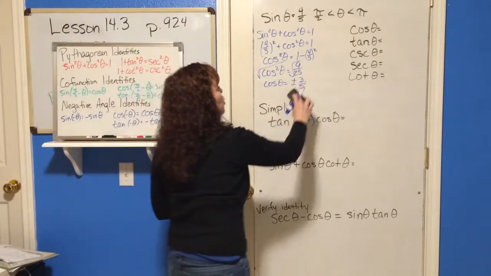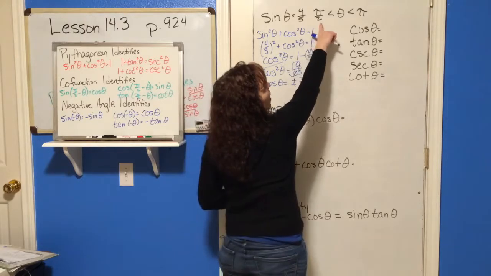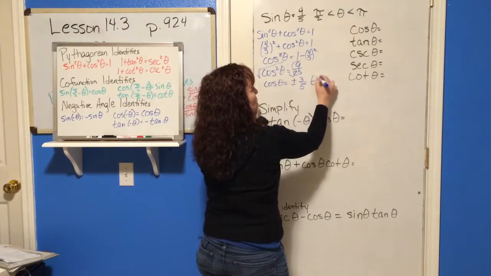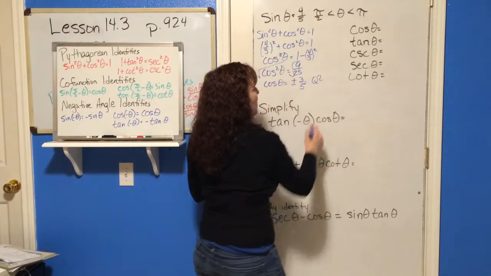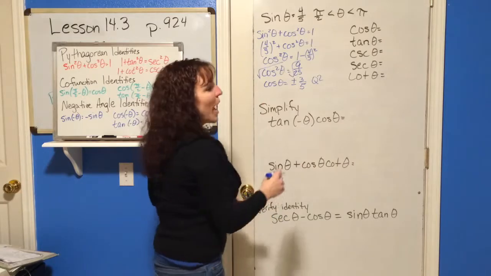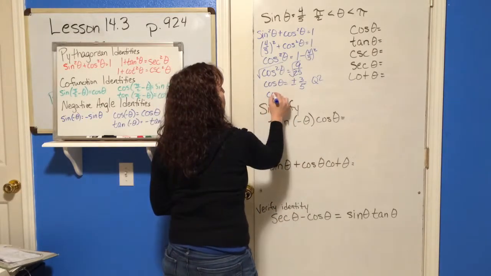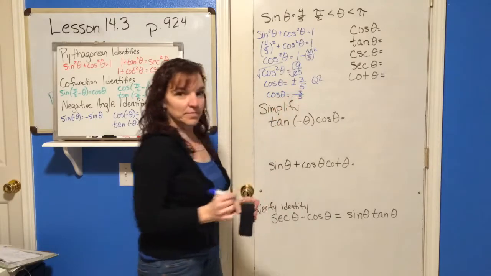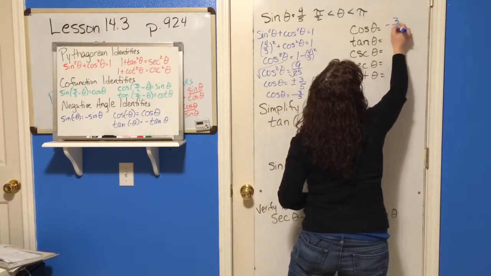And we happen to know that we want to be between pi over 2 and pi, which is quadrant 2. And in quadrant 2, we happen to know that the cosine is negative. So cosine of theta is going to be negative 3/5. All right? So cosine of theta now is negative 3/5.